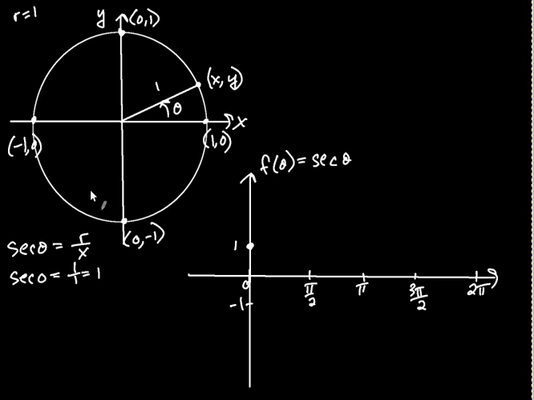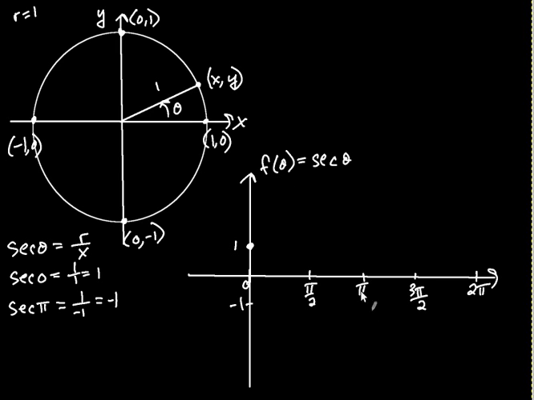Where else? How about over here? What's the angle? Well, the angle would be pi, right? So when the angle is pi, the x-coordinate is negative 1. So I know that secant of pi is going to be r, which is 1, and x is negative 1, so I get negative 1.